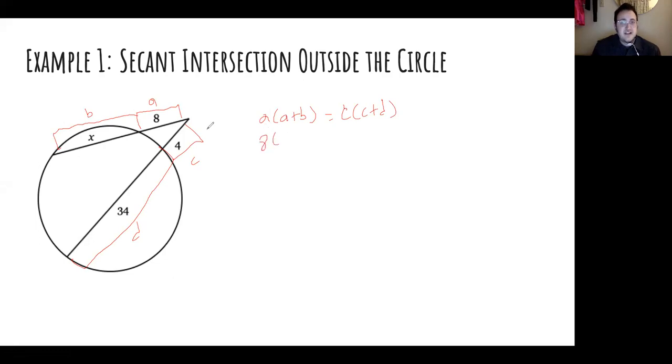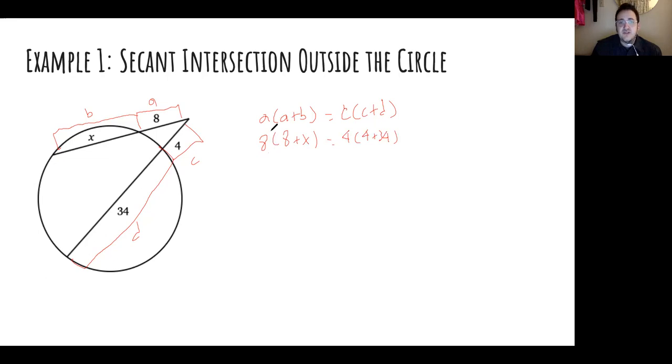And what's nice is that I have the A, and then the B is the X. So the total of the secant line is 8 plus X. And then on the other side, I'm going to do 4 times 4 plus 34.